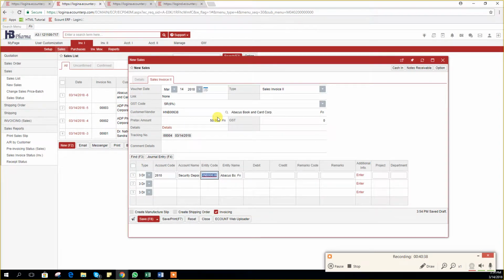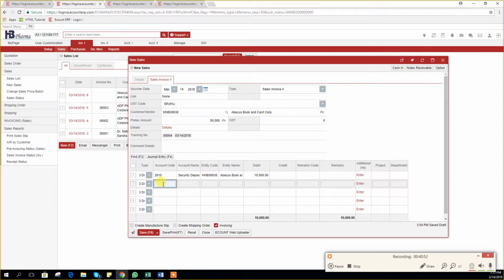So we take out that amount, debit out 10,000, and then we need to record the accounts receivables, right? Because there is another portion that we still need to record. They still need to pay us later, although they already paid this deposit. Still, they have some portion later that they need to pay.